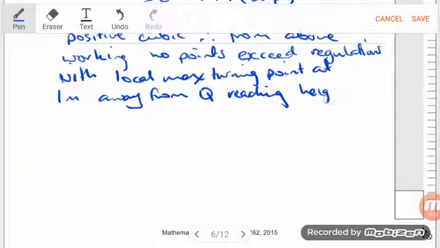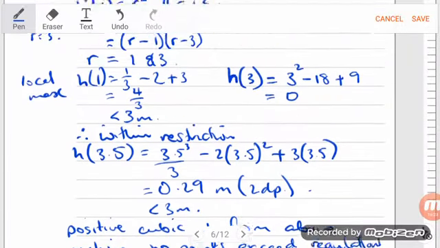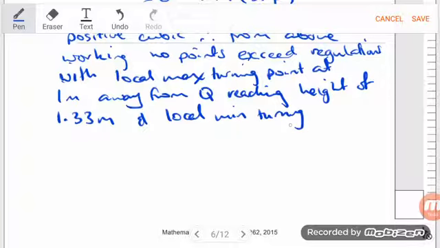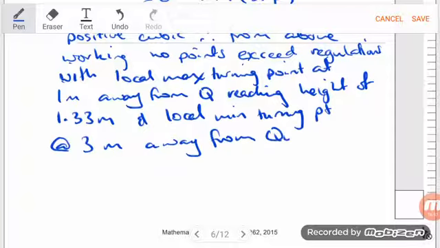Reaching height of only 1 1/3, 0.33 meters, and local minimum turning point at 3 meters away from Q. Was about to write question, oh dear. Reaching height of 0 meters.